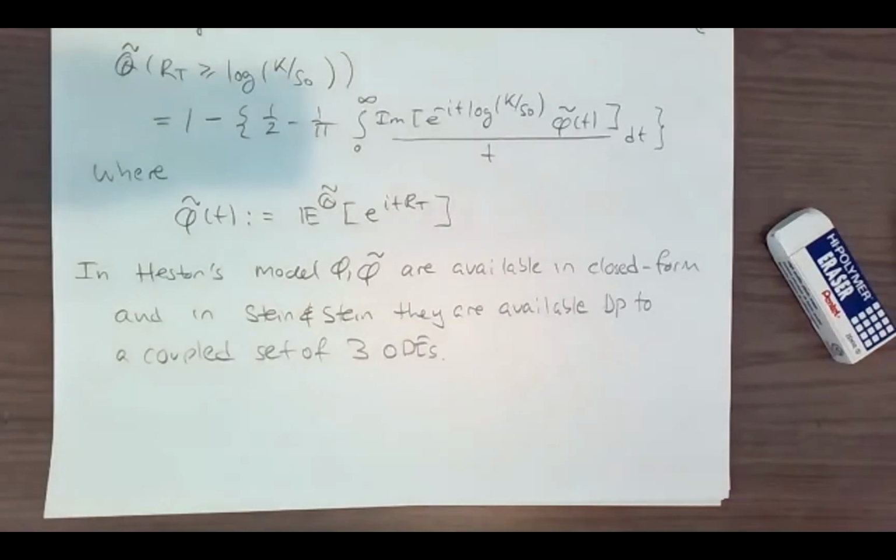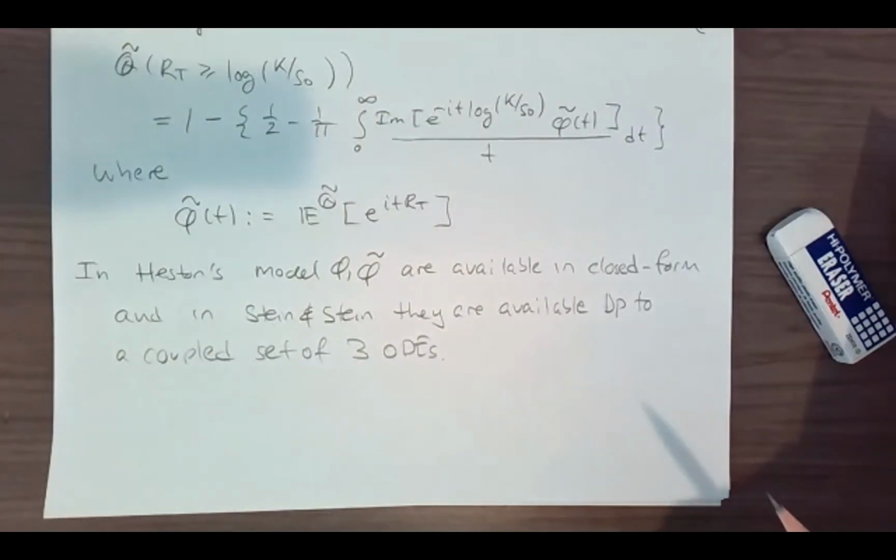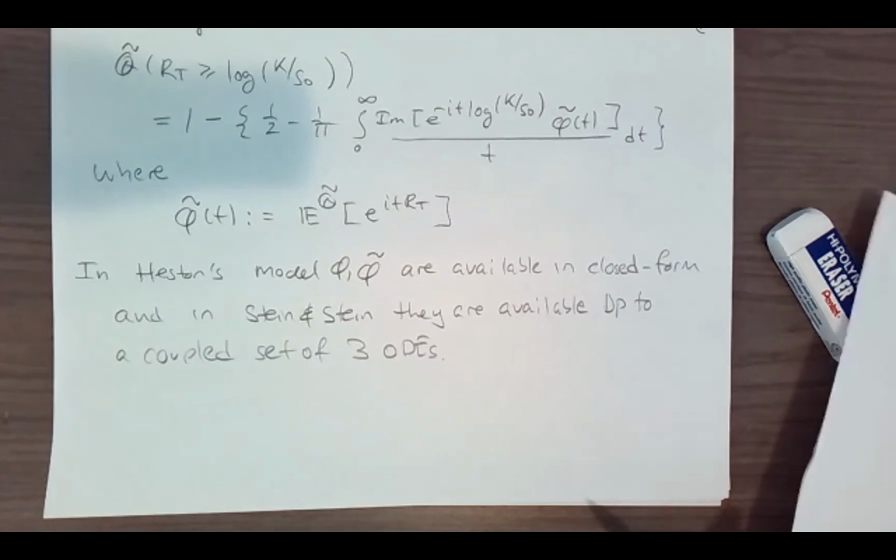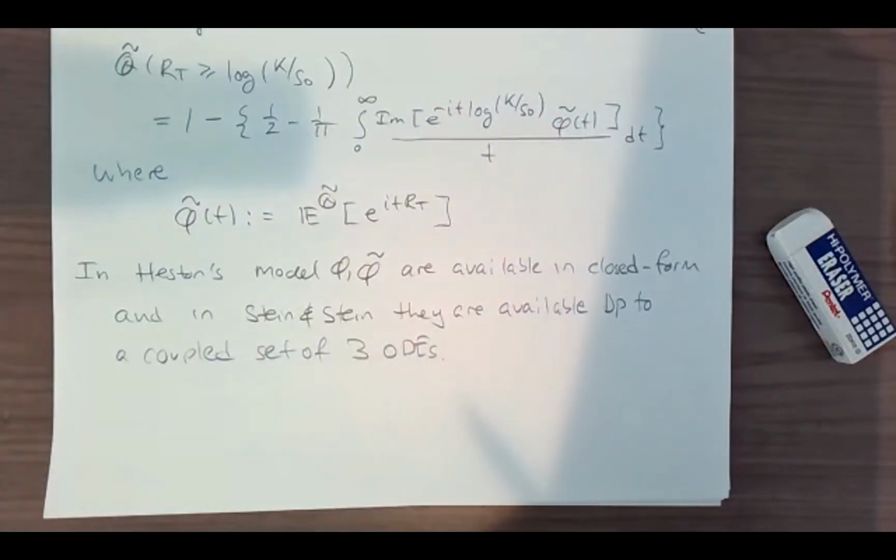So what I'll take you through now is how to derive these characteristic functions in, say, Heston's model.